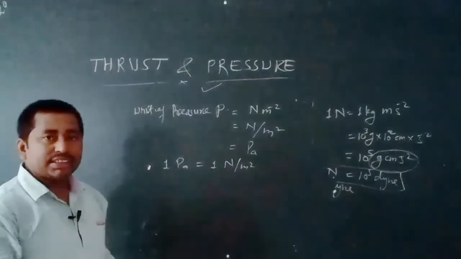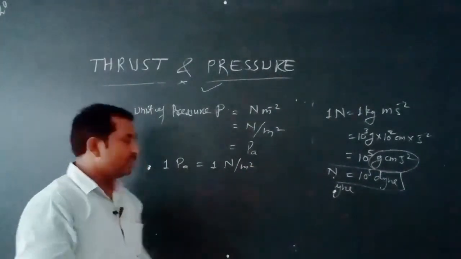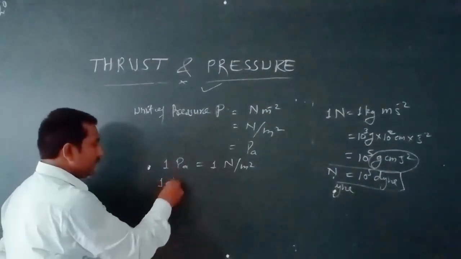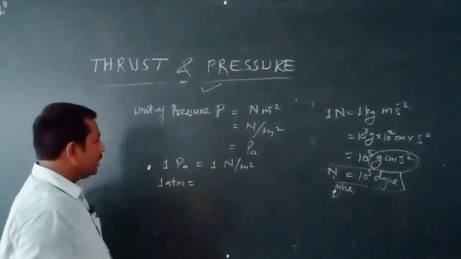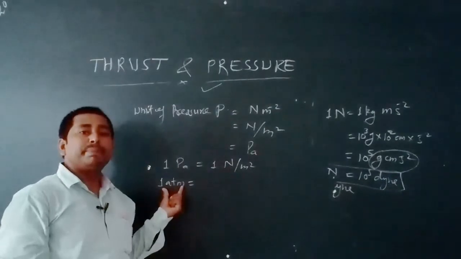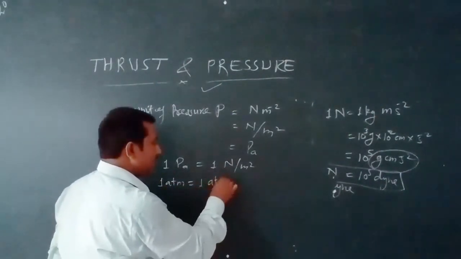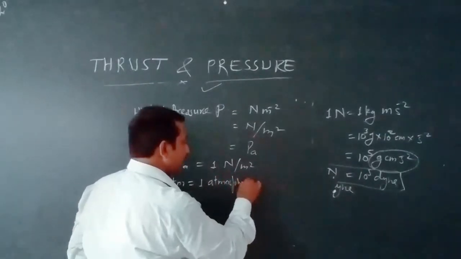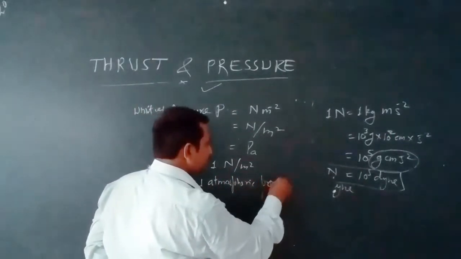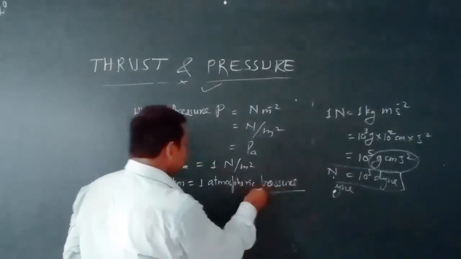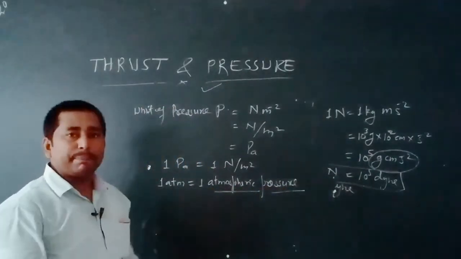Another unit of pressure is ATM, 1 ATM. It means atmospheric pressure. The full name of ATM is 1 atmospheric pressure. So what is 1 atmospheric pressure?